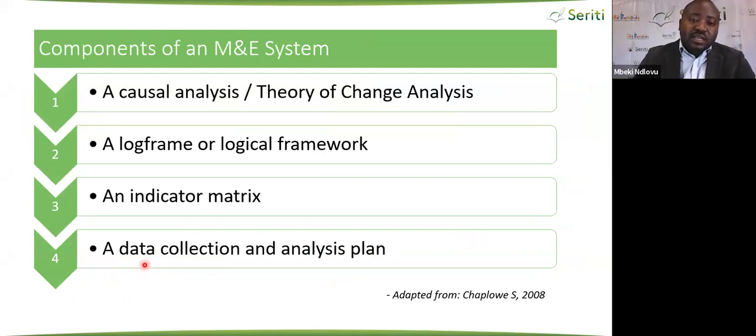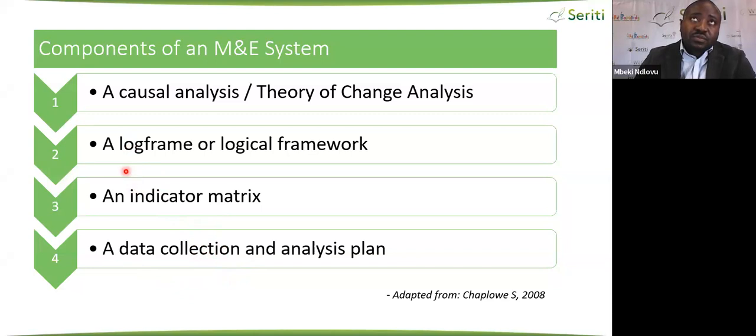Now, this particular slide picks up on the previous slide, the diagram that was showing us the project cycle in M&E, but it tries to summarize the 4 main components of an M&E system. So the first part being the causal analysis, or the theory of change analysis.